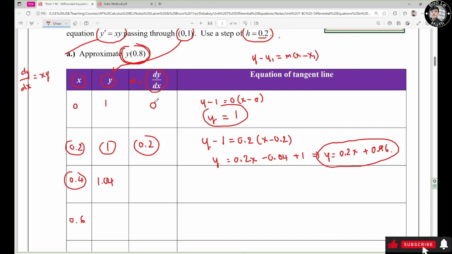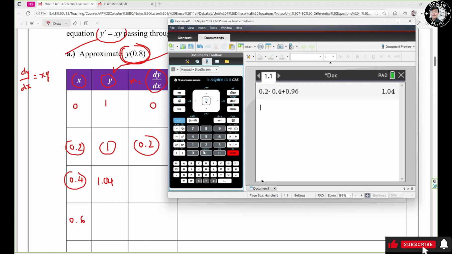Now dy over dx equals x times y, so it's going to be 1.04 times 0.4, which is 0.416.